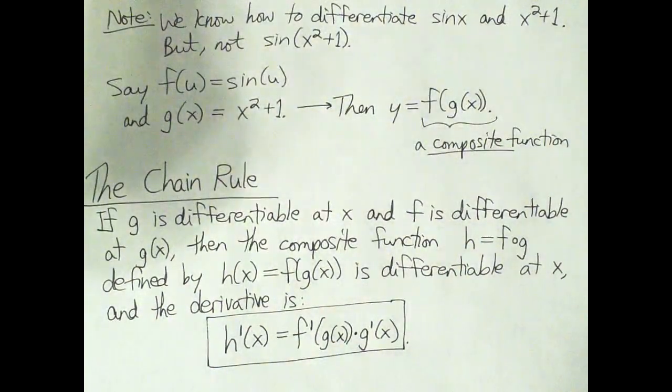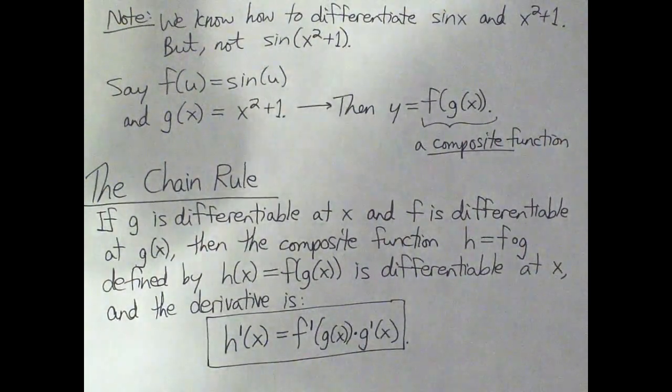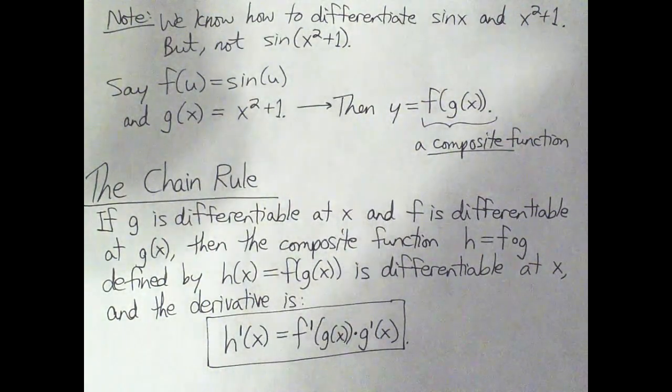Now, I think when we did the product rule and the quotient rule, I showed you them written in a few different forms, but for the chain rule, it's best to just keep it in this form instead of trying to do d/dx or anything like that. I like this form, the prime notation. Just like with the product rule and quotient rule, we don't have to label the functions as f and g.